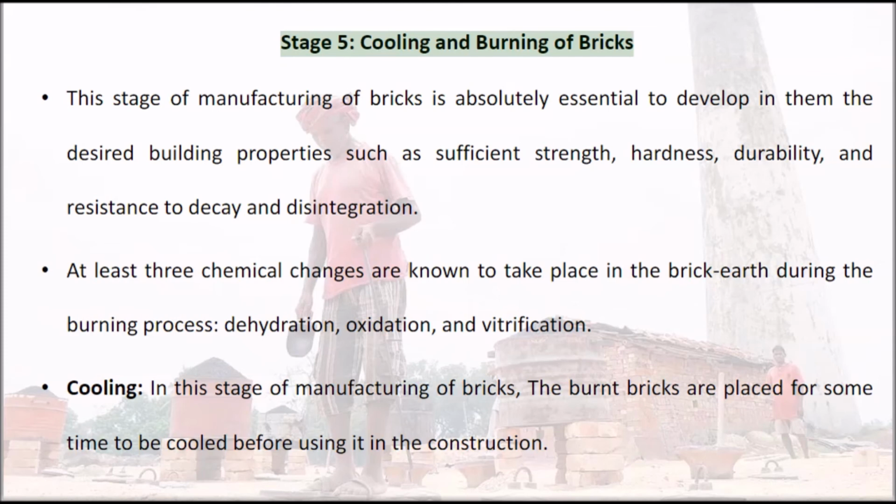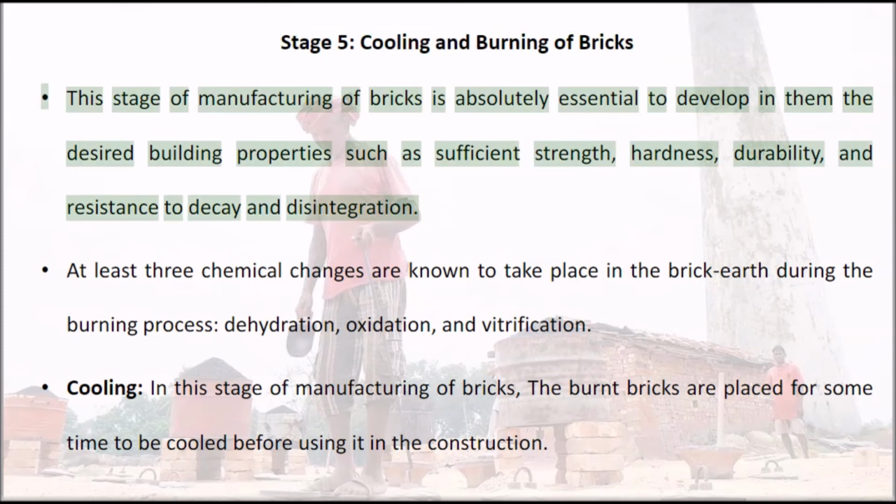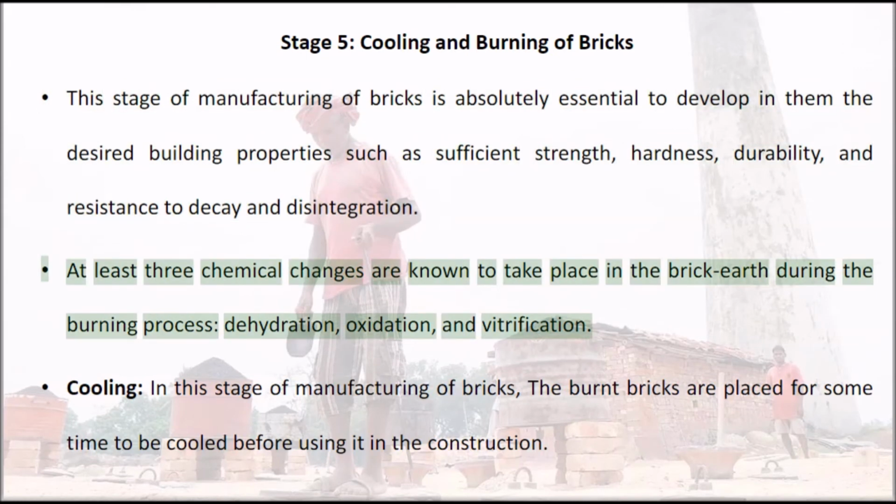At least 3 chemical changes are known to take place in the brick earth during the burning process: dehydration, oxidation, and vitrification. Cooling. In this stage of manufacturing of bricks, the burnt bricks are placed for some time to be cooled before using them in the construction.